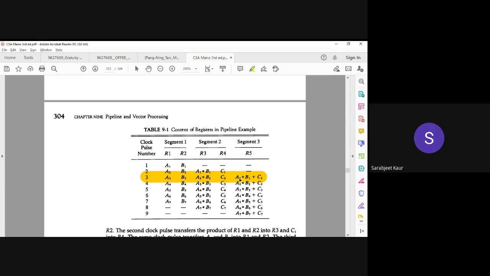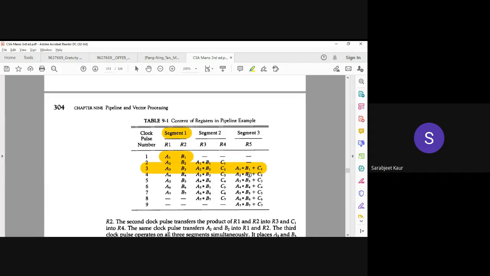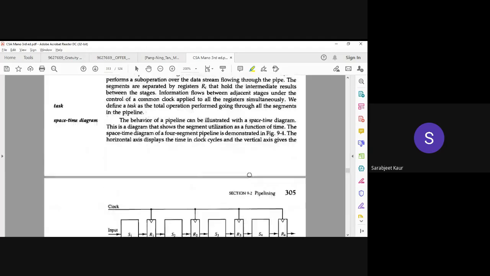Now after the third second, we start getting a result, and every time we will get a new result, right? So how much wait is there? The number of segments that the first set must pass through. That is the only time we have to wait. So this is the advantage of pipelining.